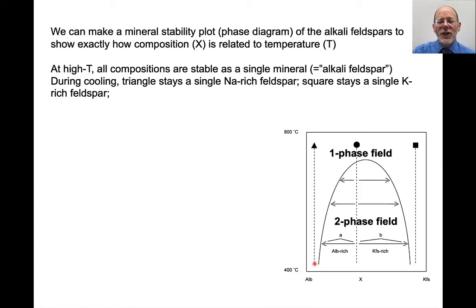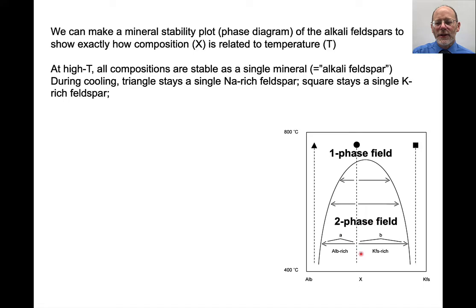The way that we show this kind of behavior is with a temperature versus composition phase diagram. A lot of times we just call these TX diagrams. And TX diagrams have boundaries, this is the solvus, that separates two different fields. At high temperature, we have a single phase field, so that means that any composition up here will be a homogeneous feldspar.